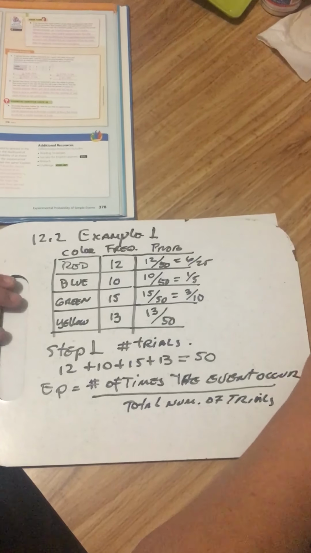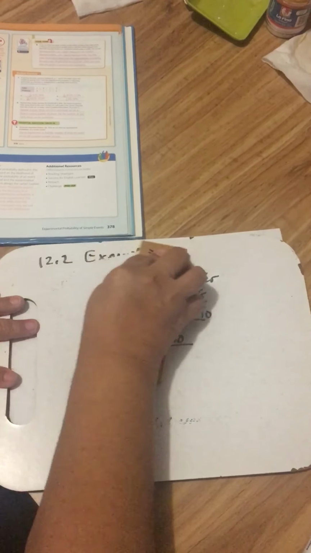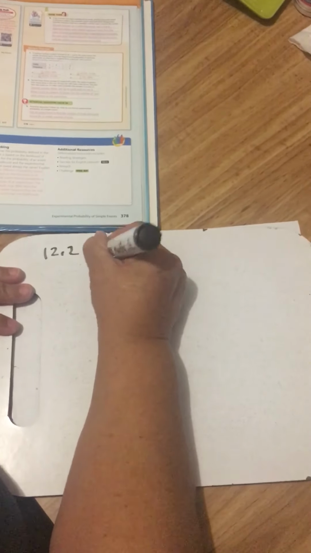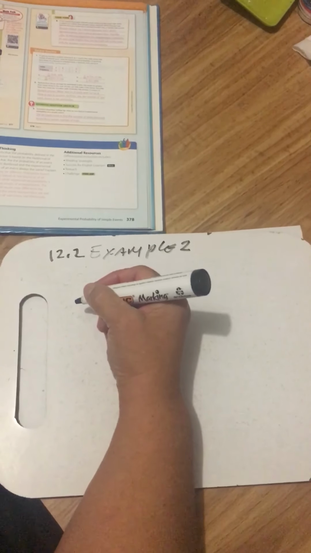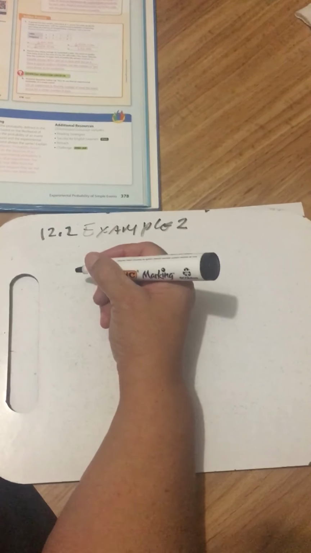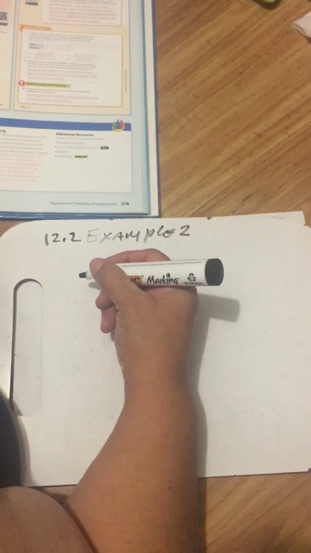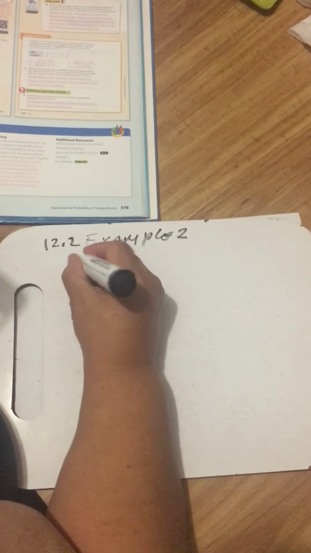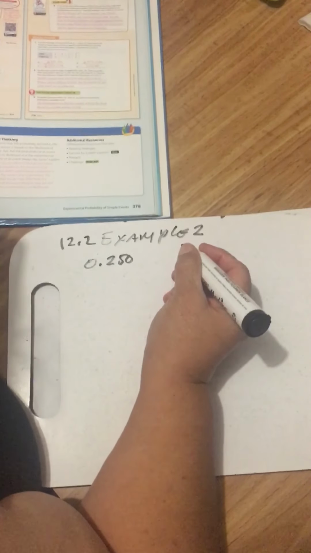Now we're going to try example 2. Make predictions with experimental probability. A baseball team has a batting average of 0.250 so far this season.